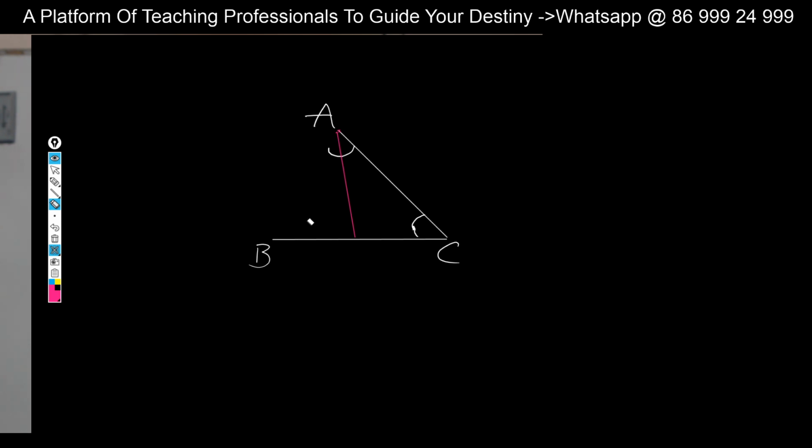This is another internal angular bisector. Let me draw this.